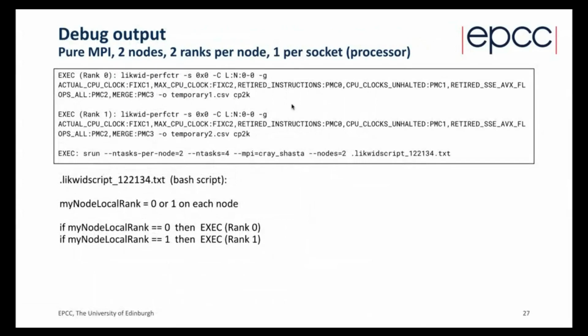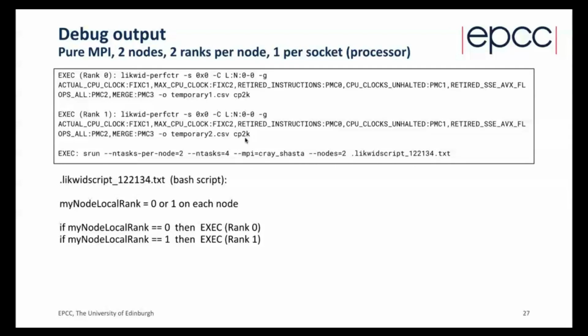Now, I said it would be useful to look at debug output. That is because if you use the --debug flag, you will get some additional output from likwid-mpirun, which tells you that what ends up being run in the final line is exec srun. This shows you the srun command that is actually executed. What it's running is not your application directly or likwid-perfctr directly, but this .likwid script file.